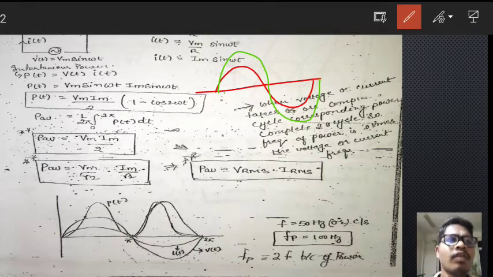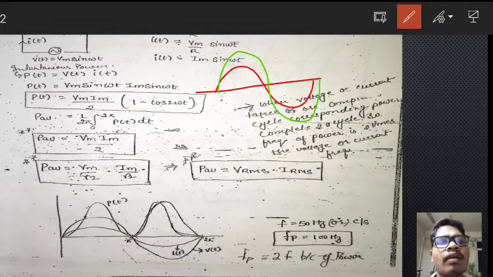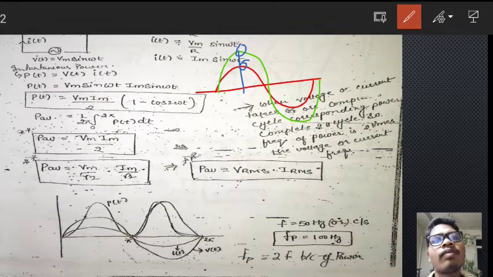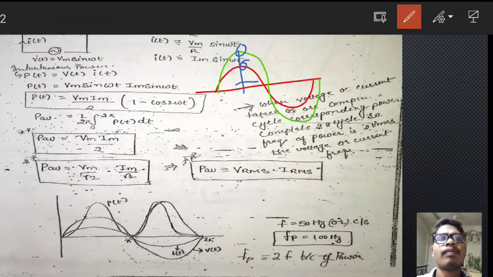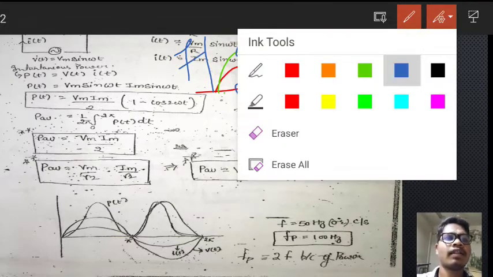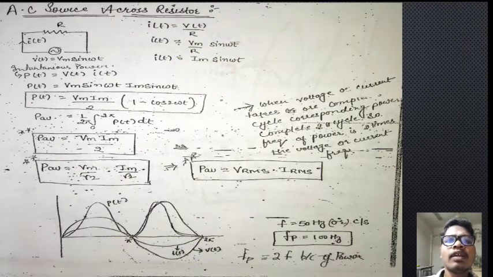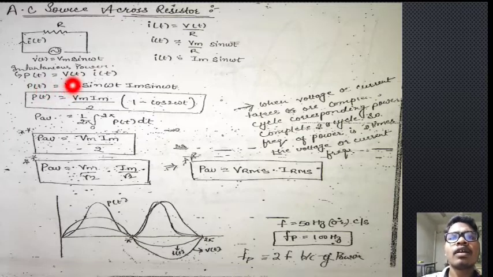If you want to find the power, put the voltage value and the current value and multiply them, then you will get the instantaneous power at that time. This is our time axis. So the instantaneous power is equal to instantaneous voltage into instantaneous current, that is v(t) into i(t).